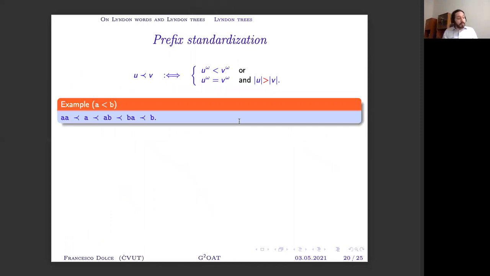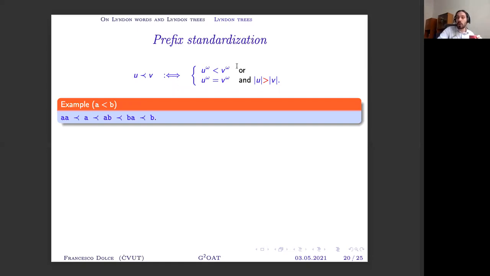Then there is another structure that is based on prefixes. There's apparently an independent one. And to do that, I have to remind you what the prefix standard permutation is. But to do that, I have to use an order that is similar to the order we saw before, the infinite order.